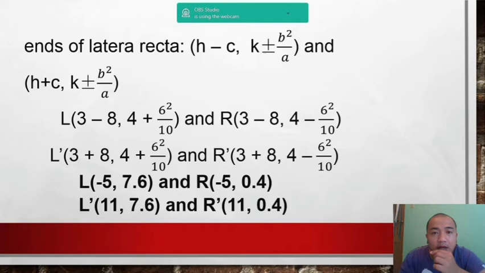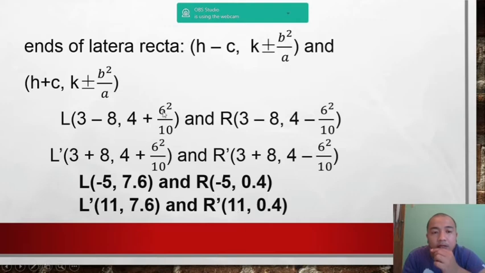Ends of the lateral recta consist of 4 points: two L and two R. So just substitute to the formula (h minus c, k plus and minus b squared over a) and (h plus c, k plus and minus b squared over a). So 3 minus 8 is negative 5, 3 plus 8 is 11.